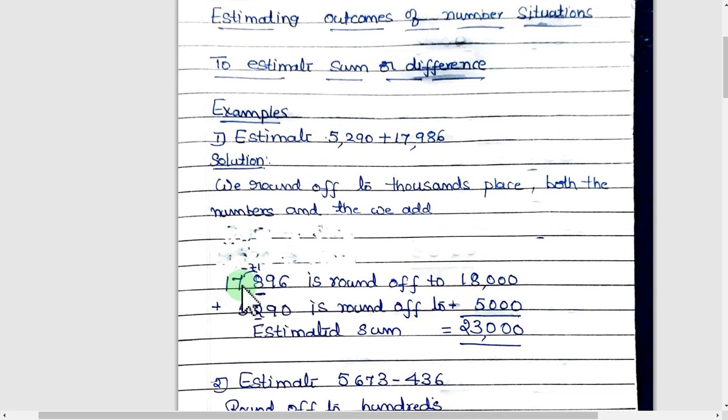Now while rounding off to thousands place, you have to see the hundreds place digit. If the hundreds place digit is 5 or more than 5, you have to add 1 to thousands place digit. It is plus 1, children. This is plus 1, not minus.